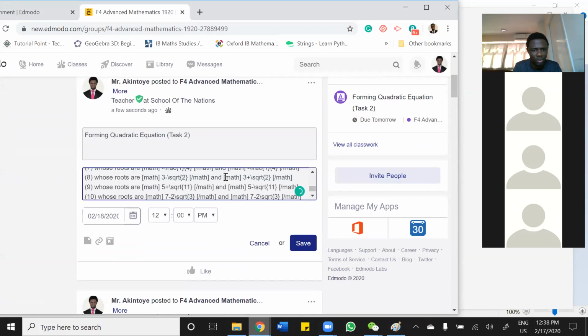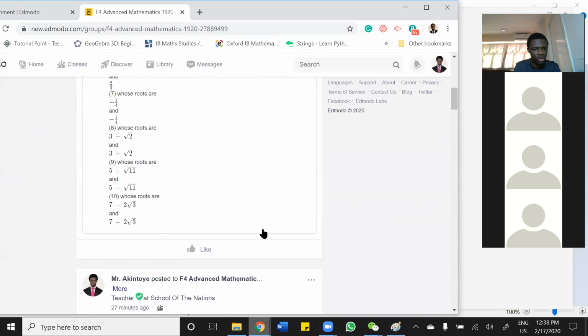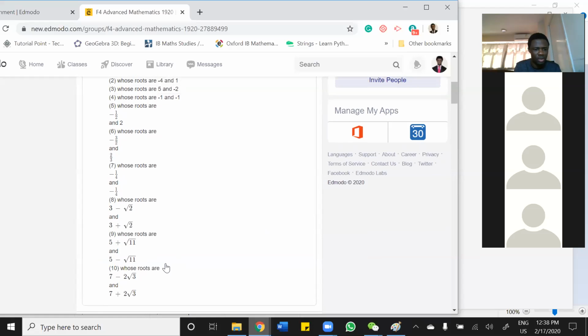Okay, so I'm going to put the second one as positive because they are meant to be conjugate surds. So you should see this now. So that's your number 10. I put 'whose roots are' because I don't want too many numbers confusing. So you know this is the question and this is the instruction.